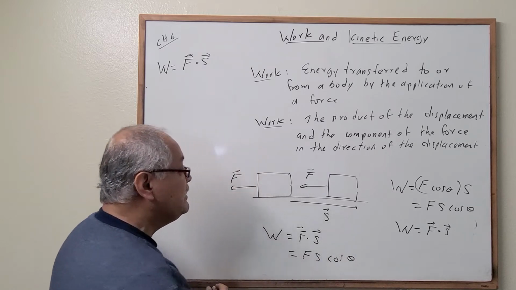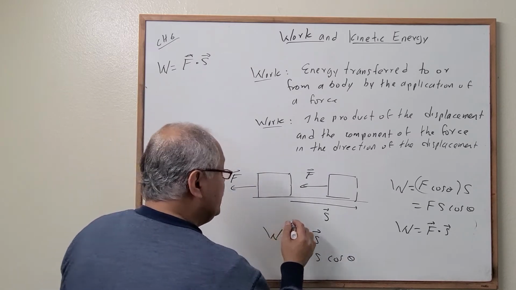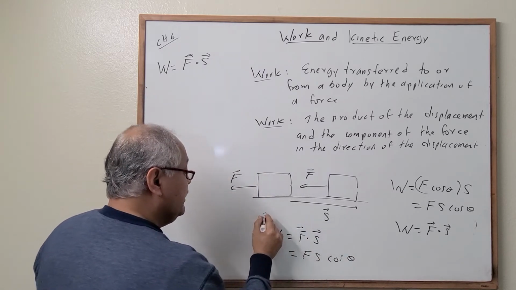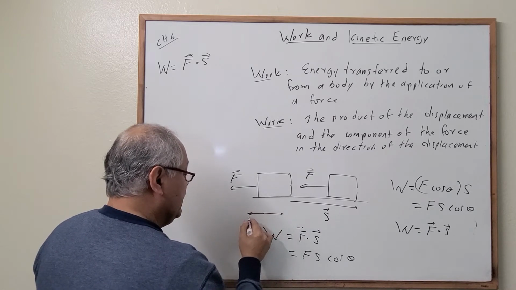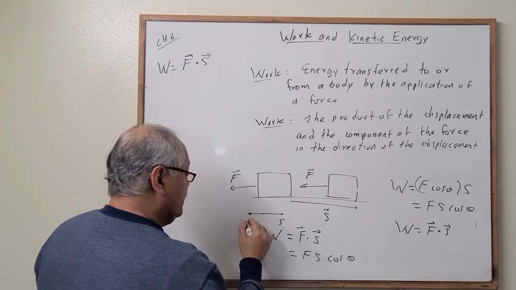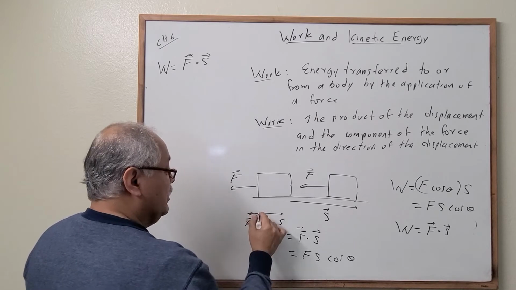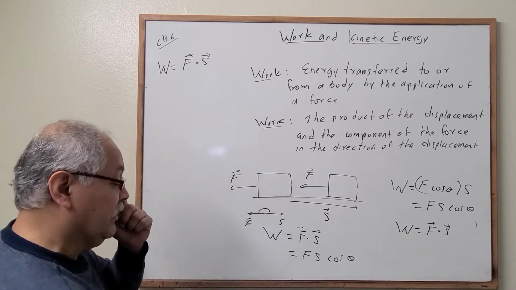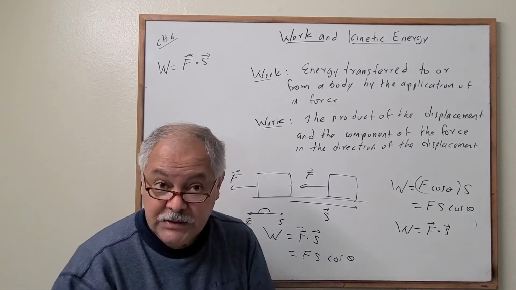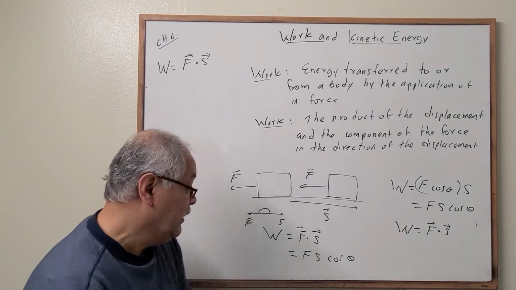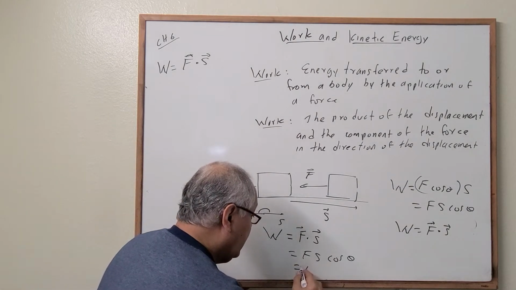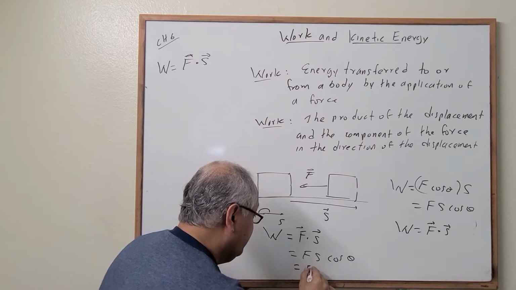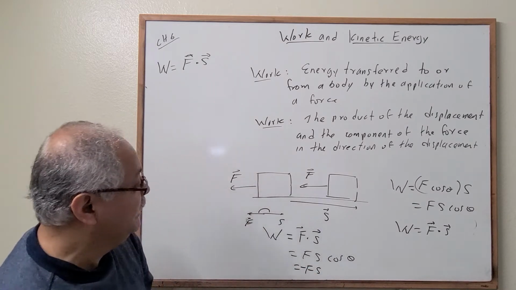Now, in this case, we apply the definition of work, which is this one, so it's equal to F S cosine theta. But what is the angle between the displacement and the force? This is displacement in this direction, and this is force. So the angle is 180 degrees. So cosine 180 degrees is -1. So this is equal to negative F times the displacement, negative.